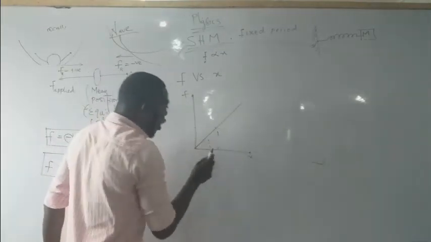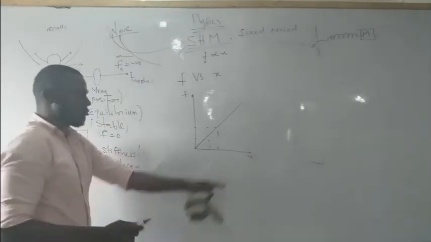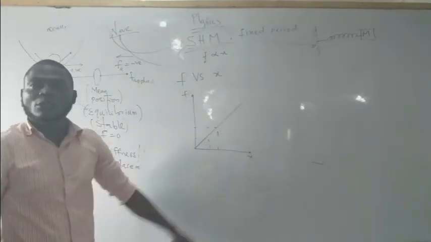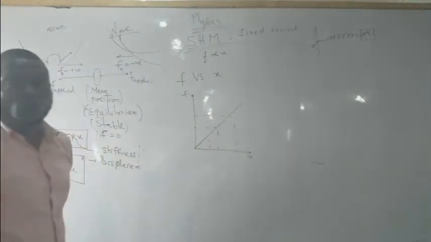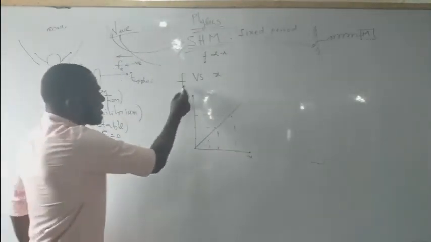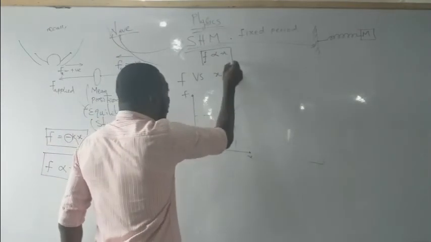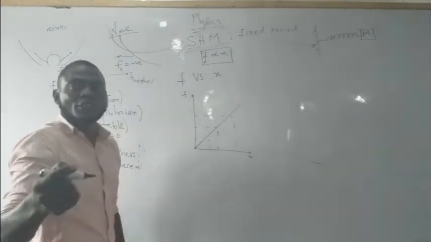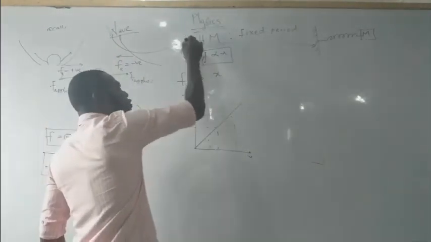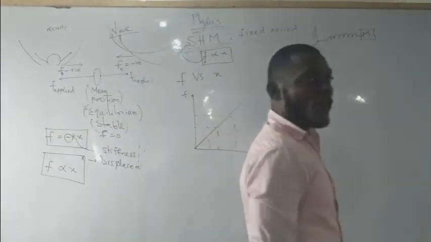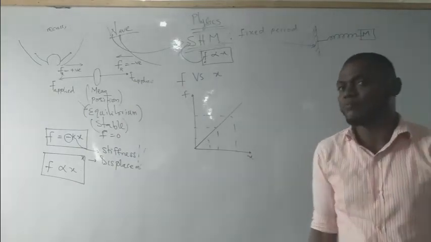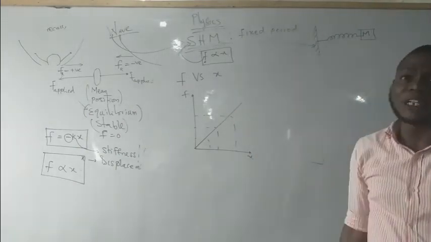Double the force, displacement will increase. Triple the force, displacement will increase. So force is directly proportional to the displacement, which tells us the definition of simple harmonic motion. Take notes.